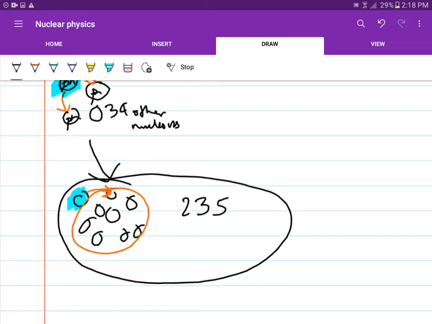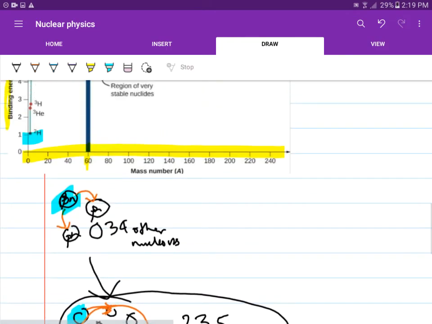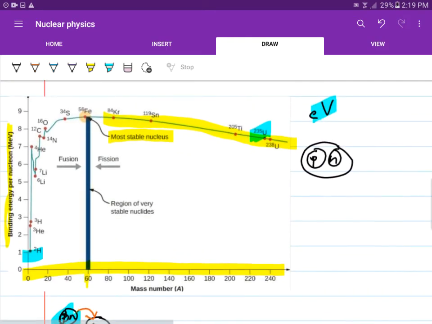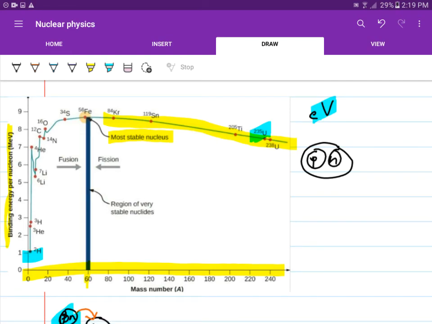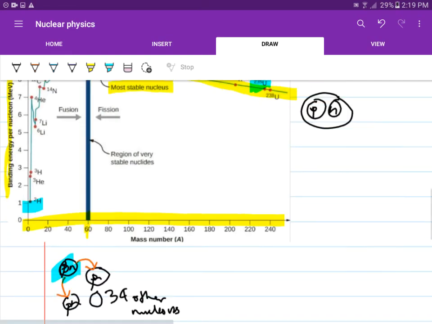Same goes, for example, if you have another nucleon here. It can only experience a binding energy in this region. So that's why as you increase the mass number further, the binding energy comes to a drop.